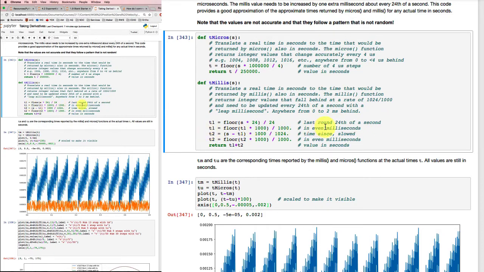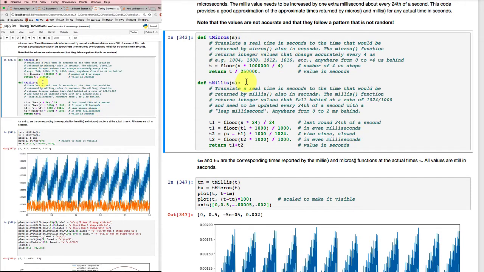Then it's dividing that into even numbers of milliseconds, and then figuring out how much time has happened since then, but slowed down by this factor of 1,000 over 1024. Finally, it puts it in even milliseconds for that slowed down value, and then returns the combination of the two.